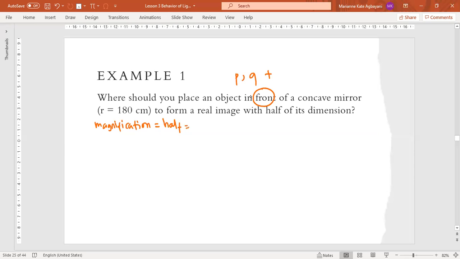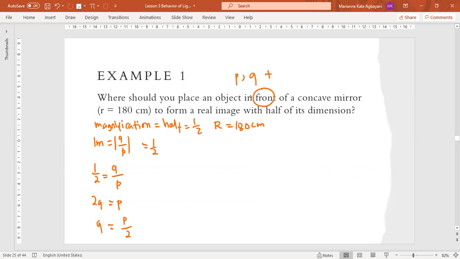That means that is already 1/2. Our R is 180 centimeters. So we have here our linear magnification, or let's say LM, that is absolute value of Q over P, equal to 1/2. So we have 1/2 is equal to Q over P. So we have 2Q is equal to P. Thus, Q is equal to P over 2.